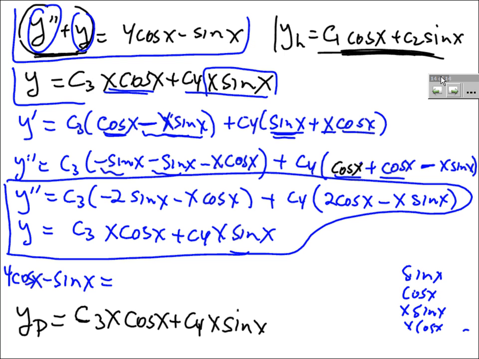Right side. Let me combine sine x's. I only see sine x right here. I have negative 2c3 sine x's. Cosine x's. I seem to only have that one there. I have 2c4 cosine x's.